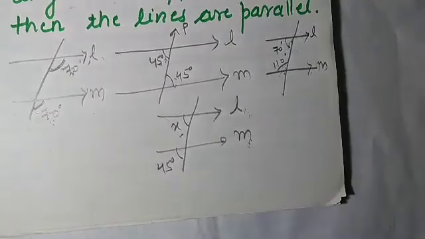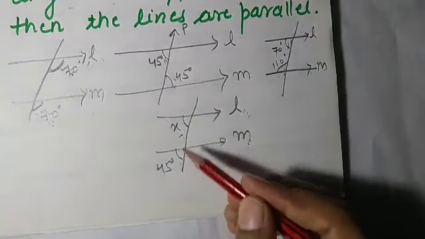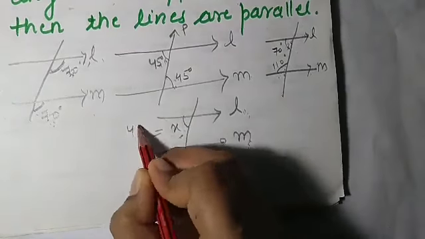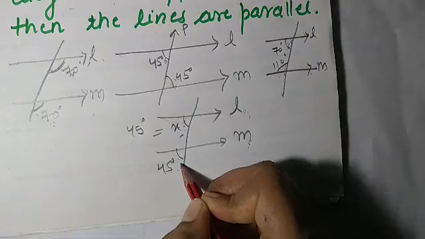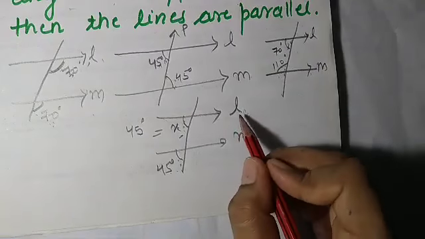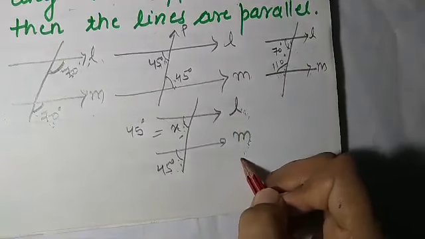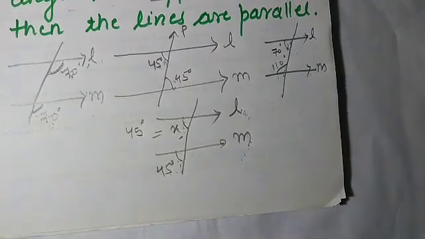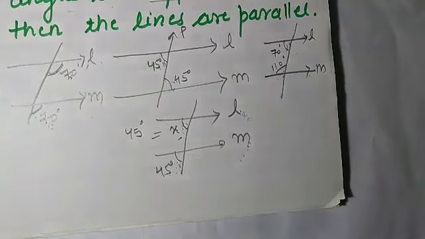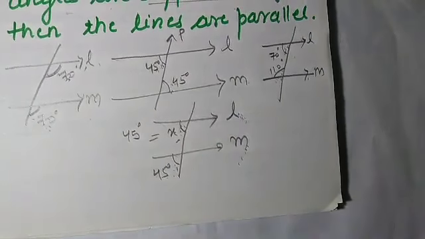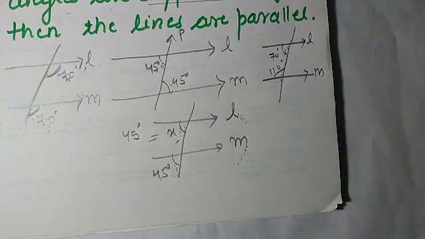Find the value of X. X will be 45 degrees because of corresponding angles, because they are in matching positions, and it is also given that the lines are parallel. We have learned that if lines are parallel, then these two corresponding angles are equal. And its converse is, if corresponding angles are equal, then the lines are parallel.